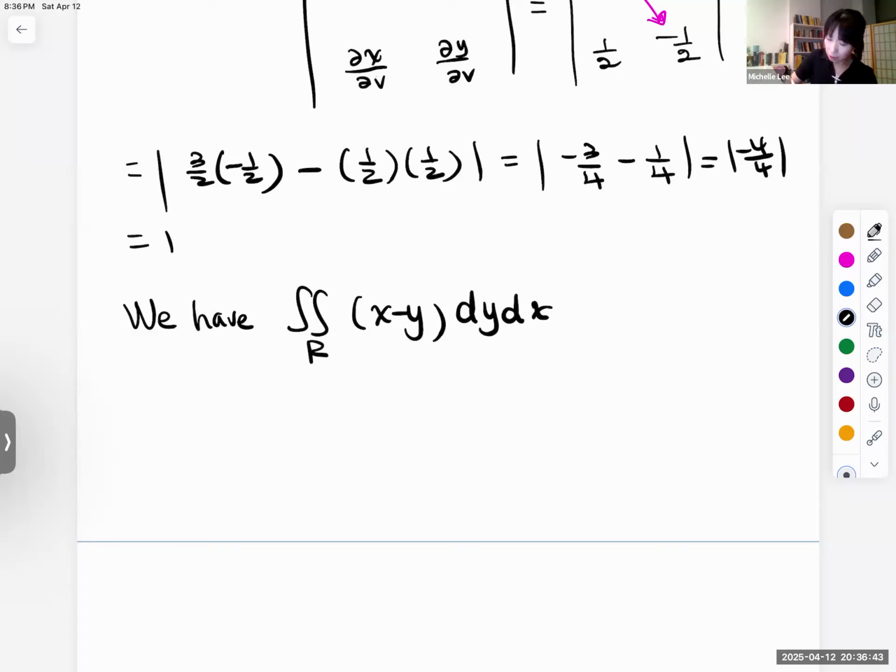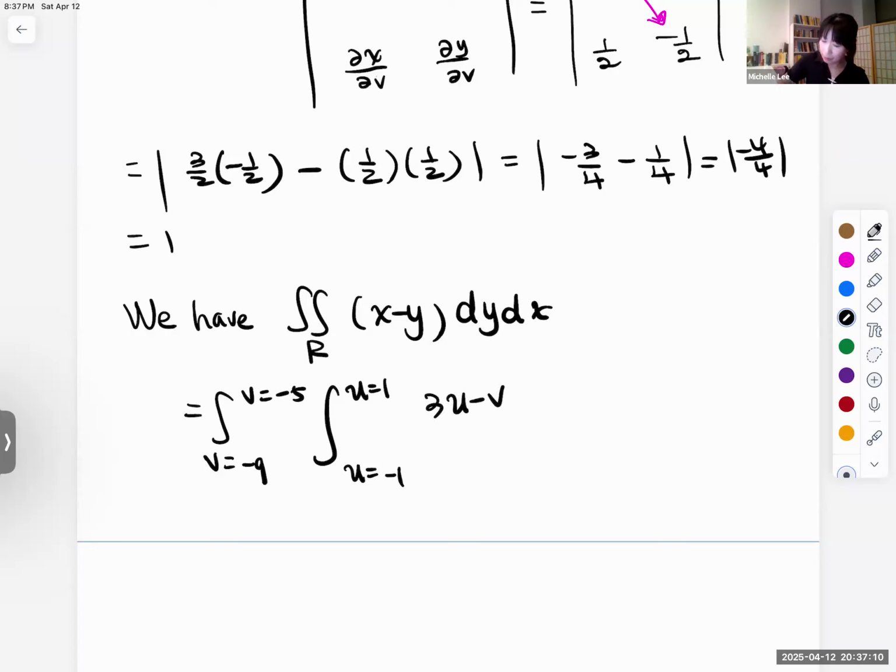So we have region R, x minus y, dy dx. So there will be u first. So v will be -9 to -5, right? And then u will be -1 to +1. And x minus y, so there will be 3u minus v over 2.